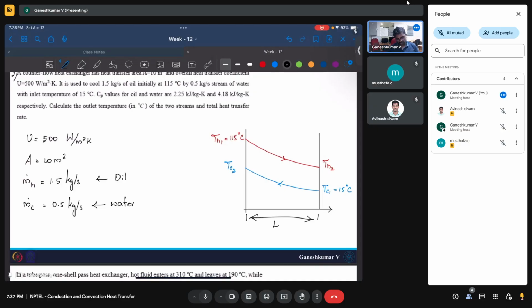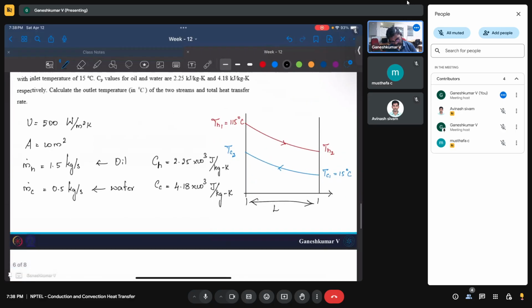We also need to know the CP. The CP values: for oil, which we write as CH, it is 2.25 into 10 power 3 joules per kg Kelvin, and for water it is 4.18 into 10 power 3 joules per kg Kelvin.